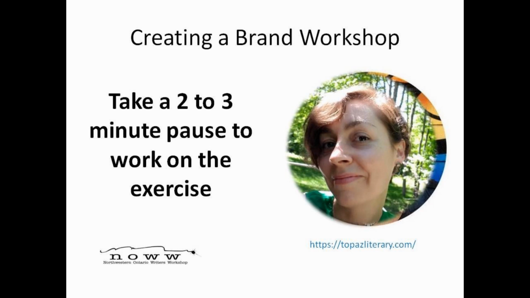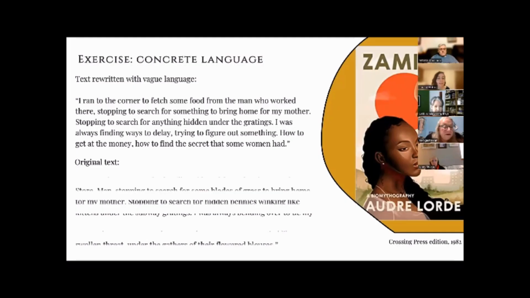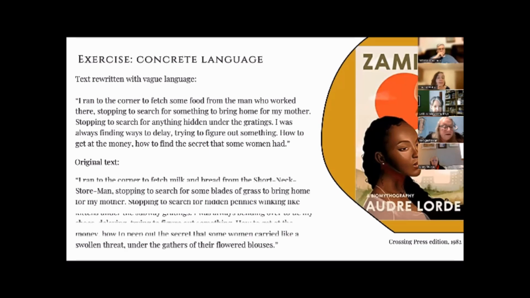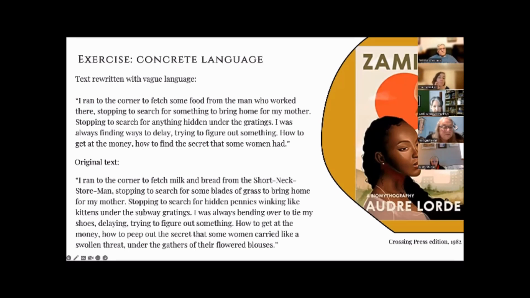Okay, I'm going to show you the original text now. I ran to the corner to fetch milk and bread from the short next door man, stopping to search for some blades of grass to bring home for my mother, stopping to search for hidden pennies winking like kittens under the subway gratings. I was always bending over to tie my shoes, delaying, trying to figure out something.